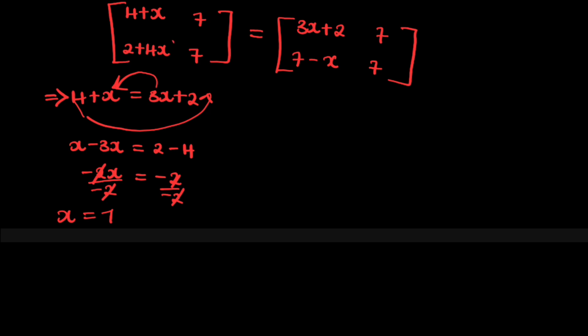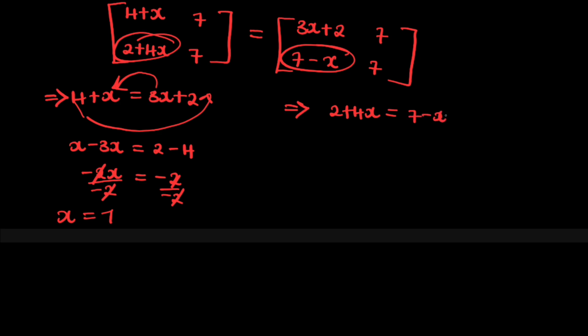But now let's verify. Let's take this second one and see whether it will give us the same thing. So we have 2 plus 4x equal to 7 minus x. We send like terms together, send x this way and send 2 this way.